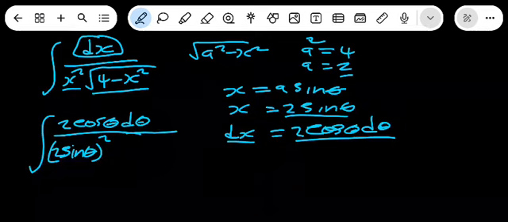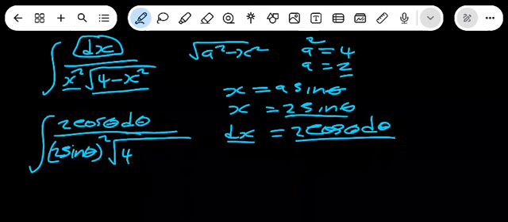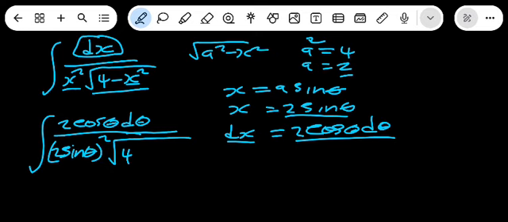We'll have here the square root of 4 minus x squared. We still have this there. We'll have 4 minus 2 sine theta raised to the power of 2.